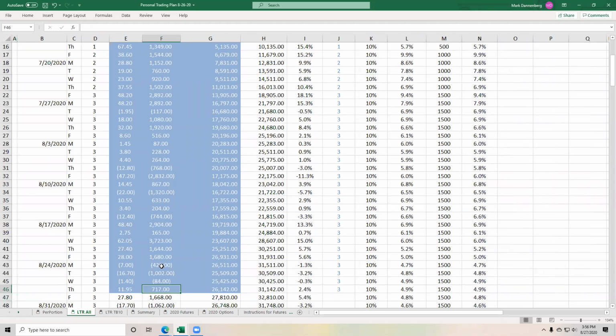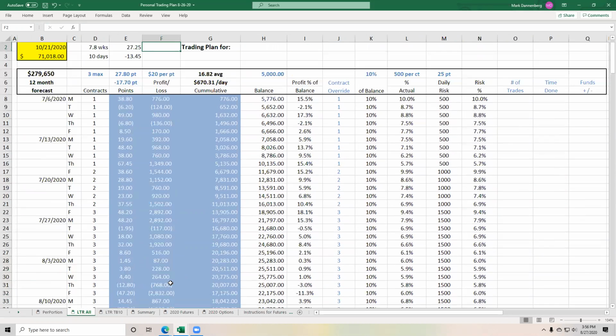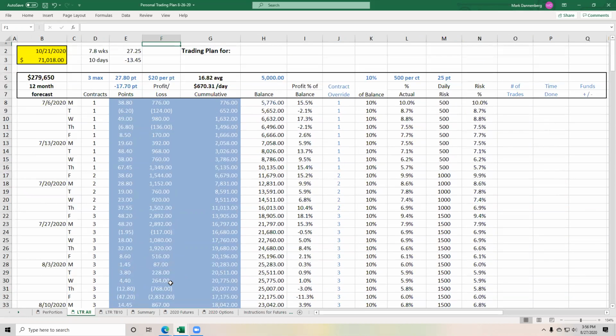Now this week, you can see we've had 3 losing days this week. Wow, today's our first winning day this week in this particular category. So now this is an even better testimony to how effective the trading plan is. Our actual winning day run rate is 27.25 points. I'm going to change my future forecast to 27.25. And our actual losing day forecast is 13.45 points a day.